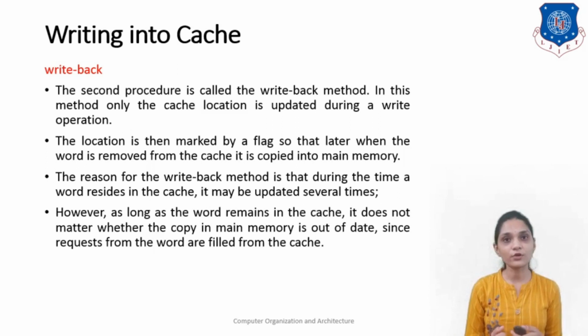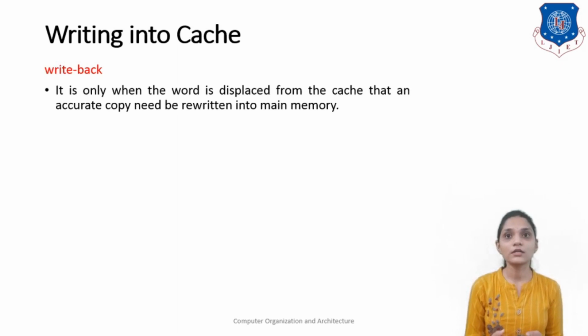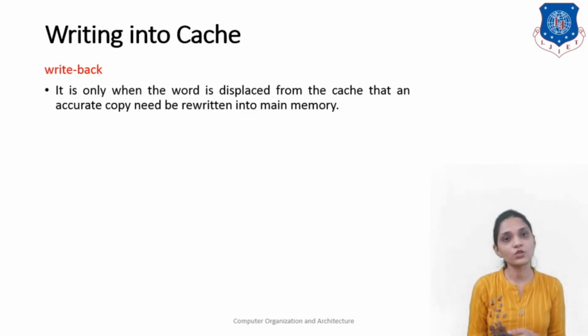However, as long as the word remains in the cache, it doesn't matter whether the copy in main memory is out of date, since requests for the word are fulfilled from the cache memory. So it is only when the word is displaced from the cache that an accurate copy needs to be rewritten into memory.